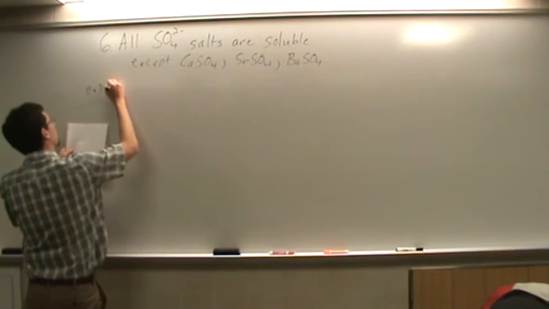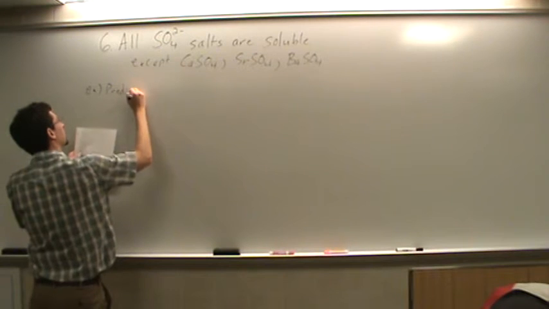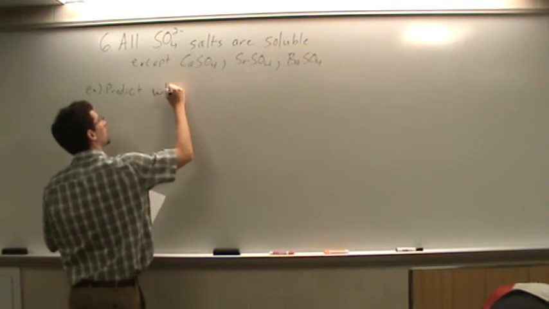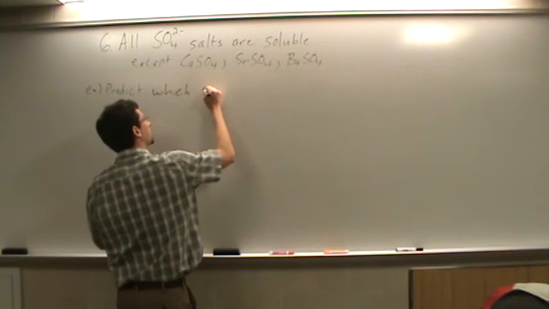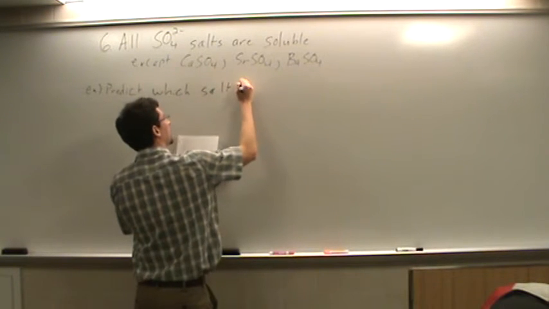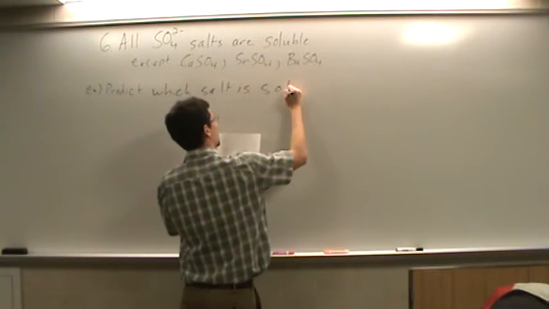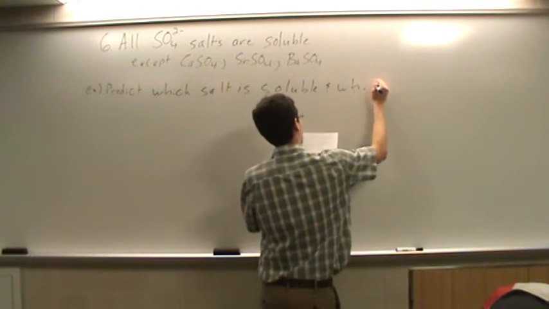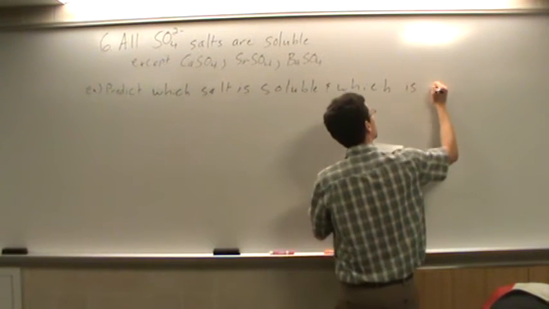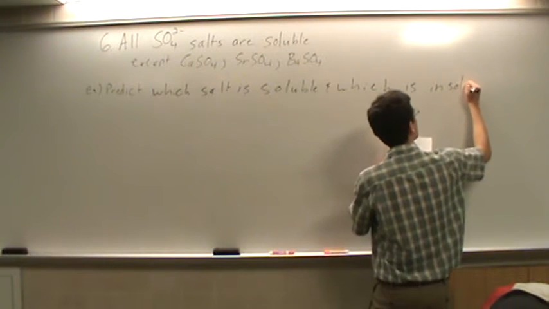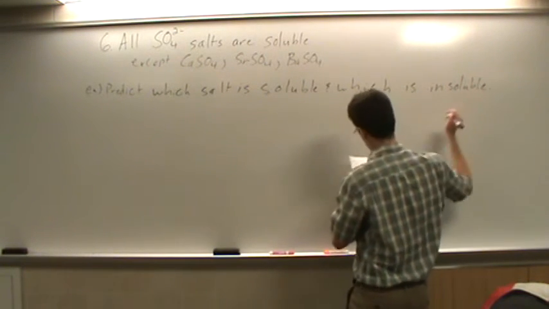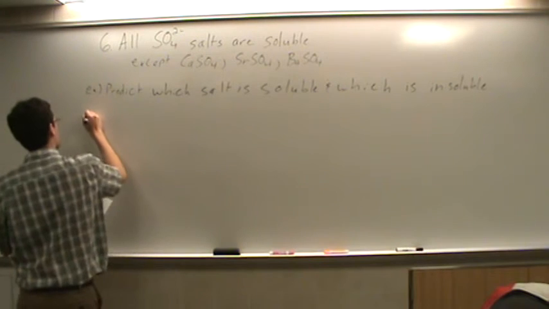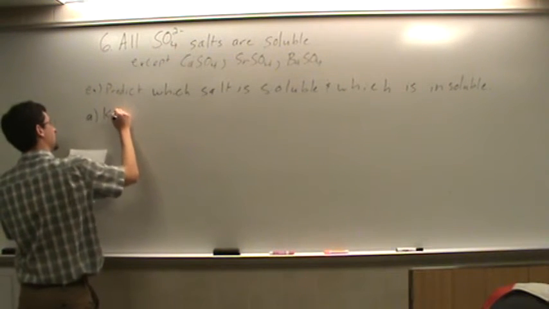Example: predict which salt is soluble and which is insoluble. A, potassium nitrate.